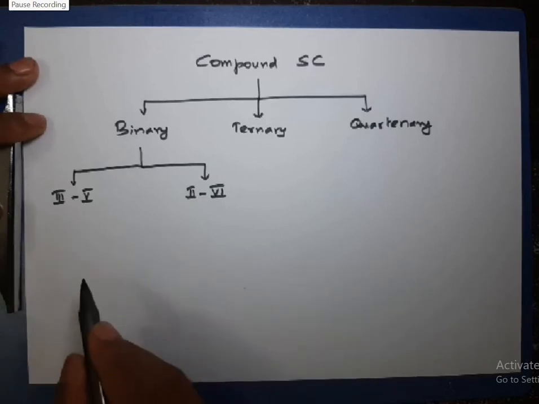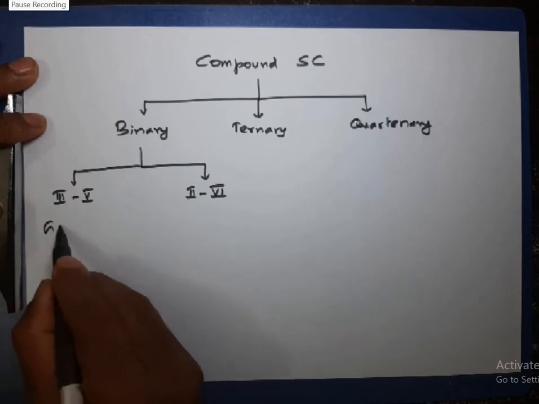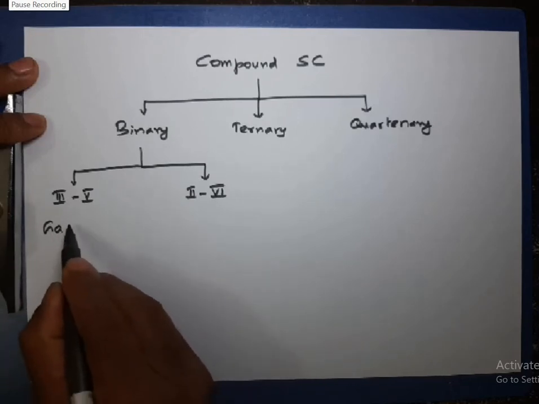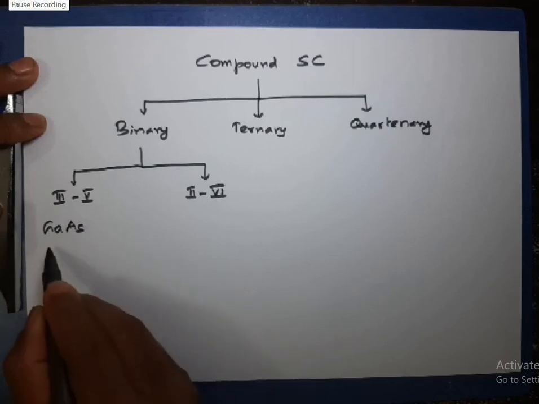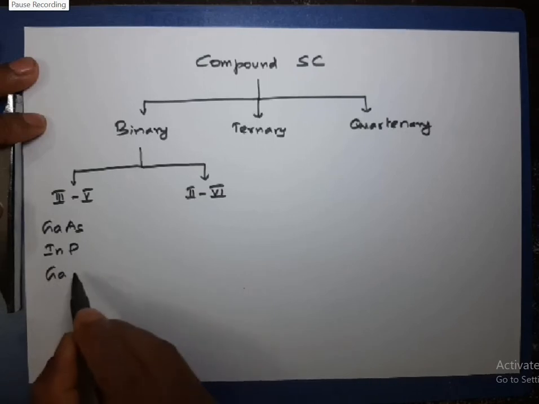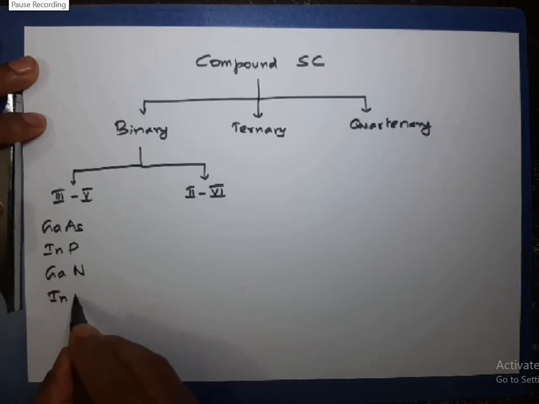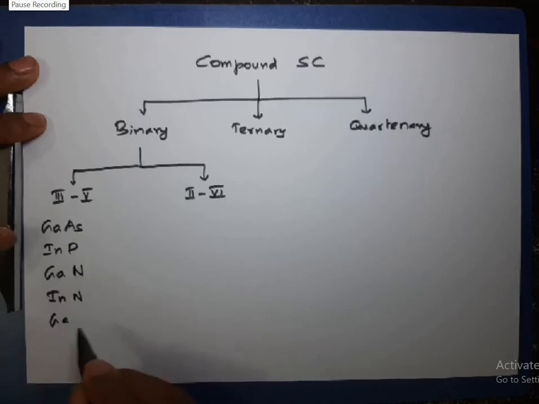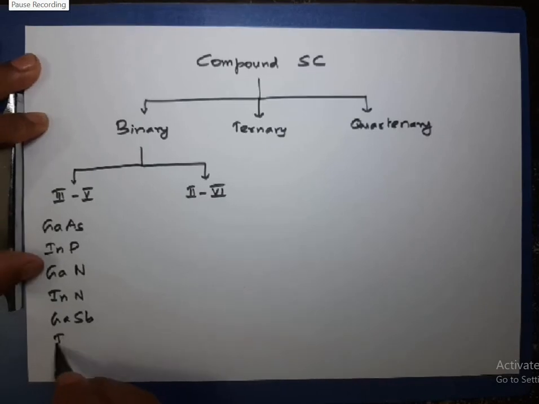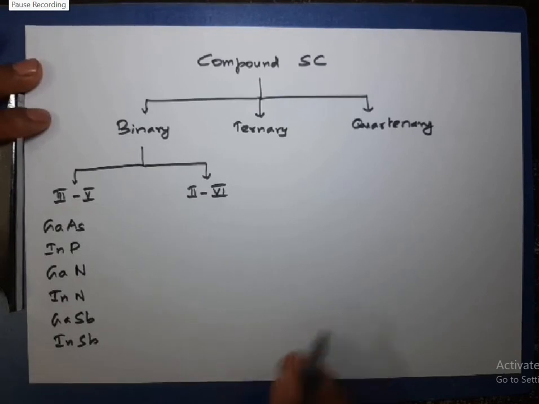So in 3-5 we discussed that we have gallium arsenide, indium phosphide, then gallium nitride, indium nitride, gallium antimonide, indium antimonide, etc. These are all examples of 3-5 compound semiconductors.